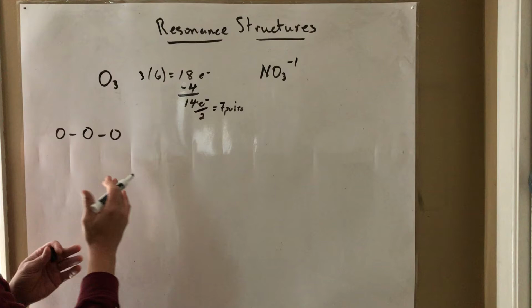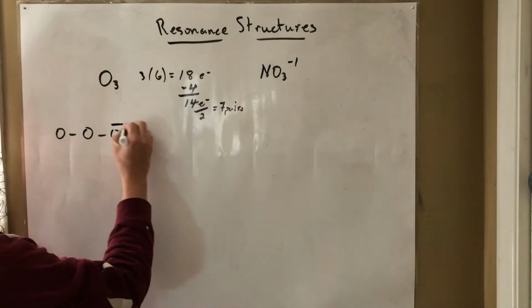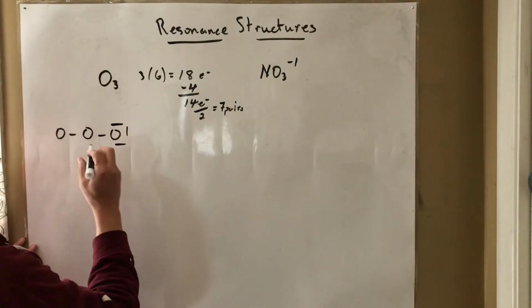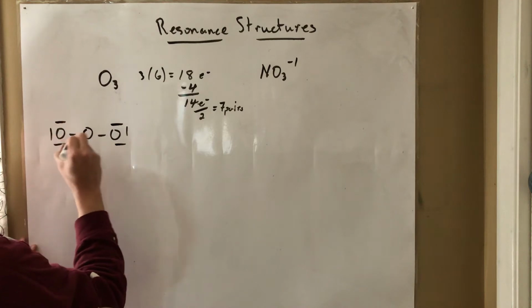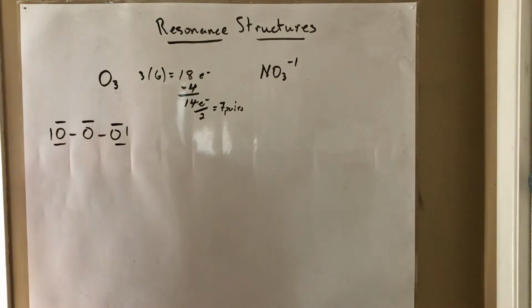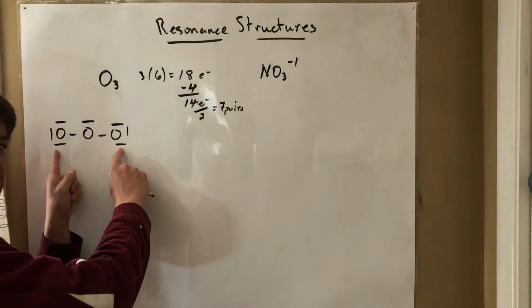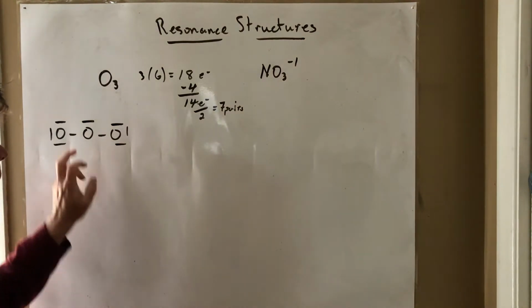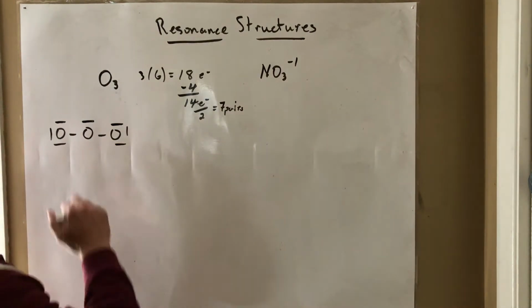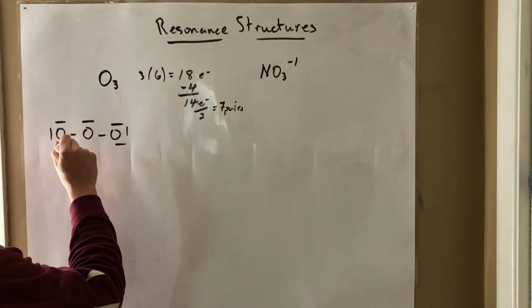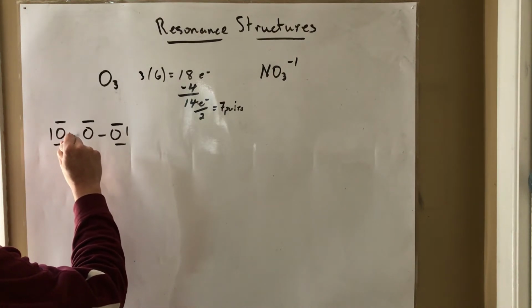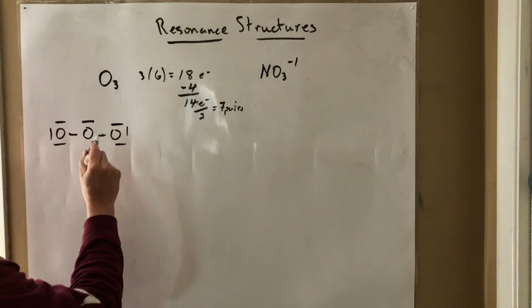Let's just distribute those 7 pairs around and see what happens. 1, 2, 3. That's looking good. 4, 5, 6, 7. So these oxygens on the outside certainly follow the octet, but the problem is this oxygen only has 6 electrons around it: 1, 2, 3, 4, 5, 6.